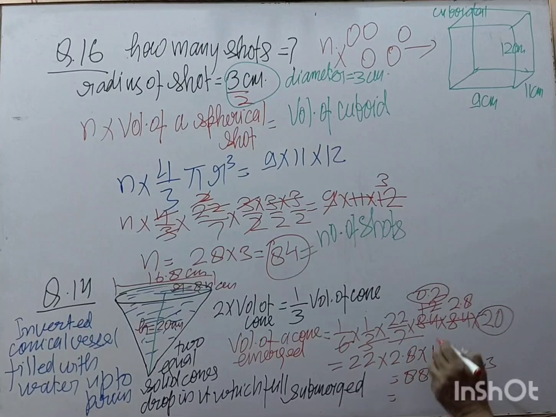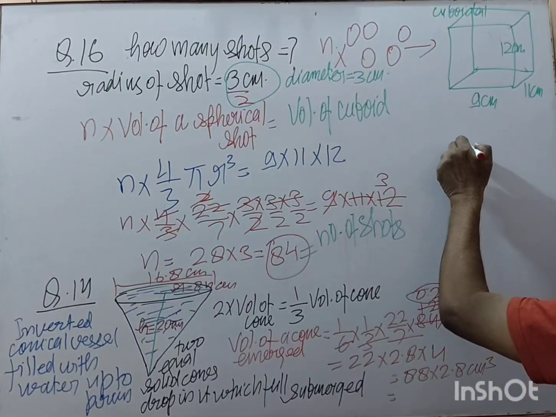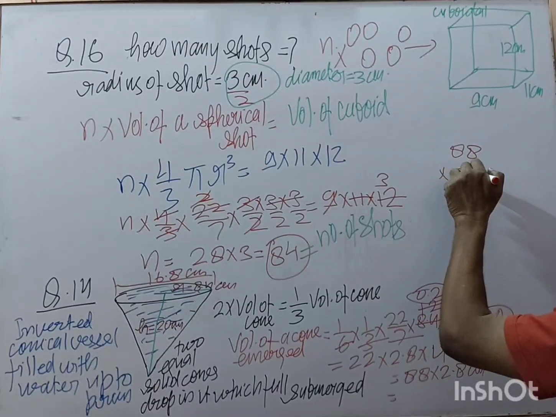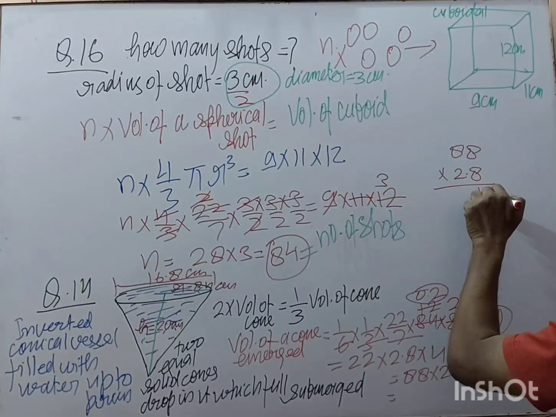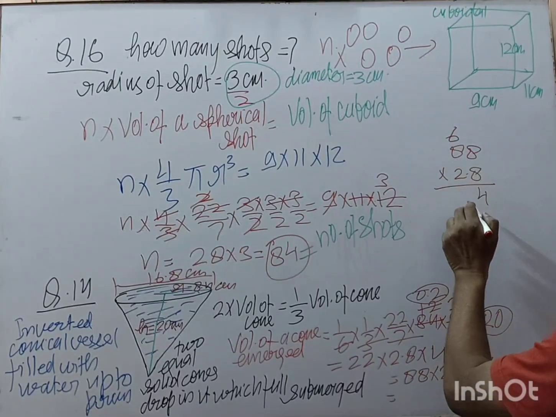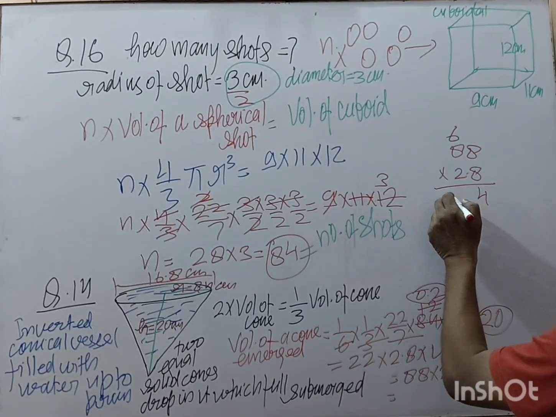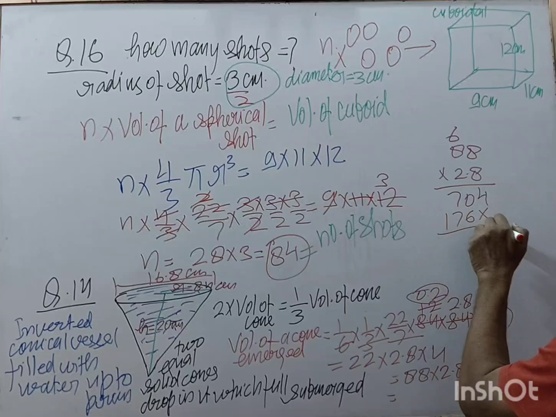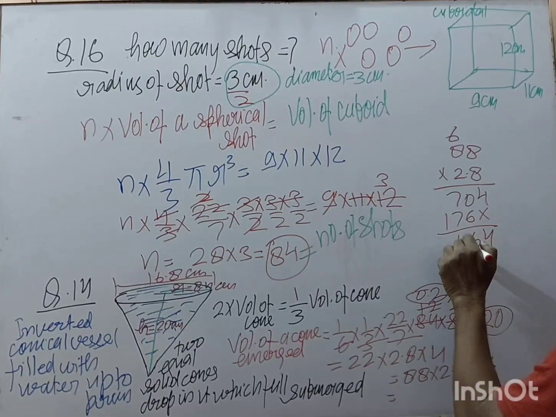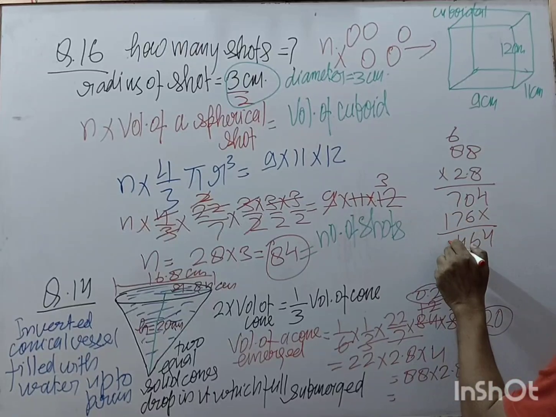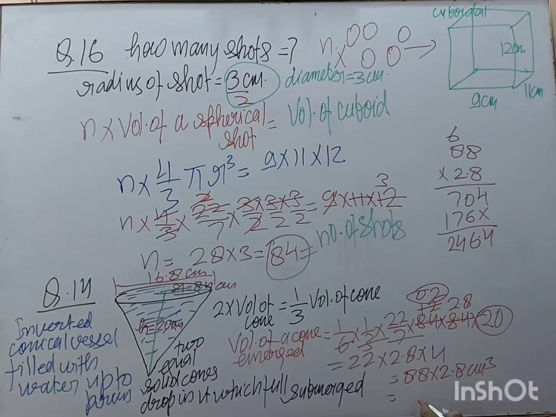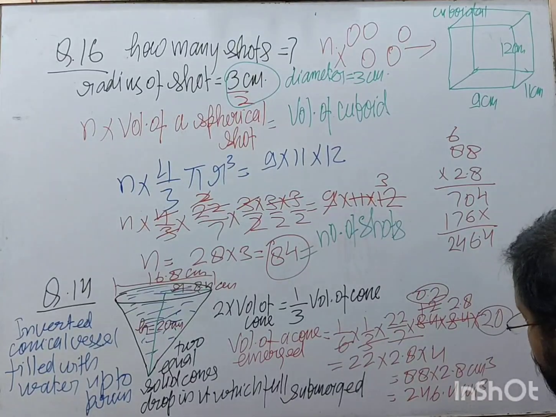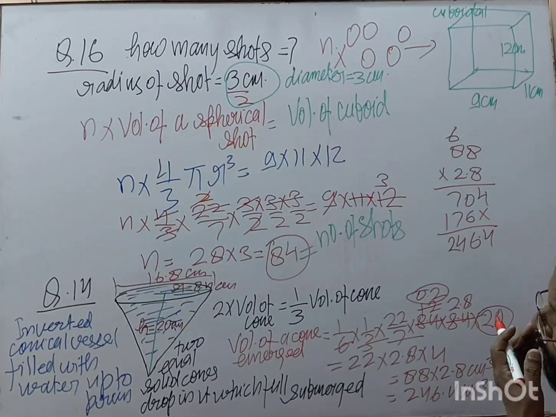So it is how much? 88 into 2.8 is 246.4 centimeter cube. So volume of a cone is this much.